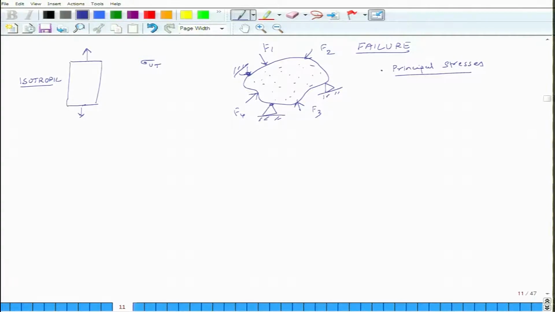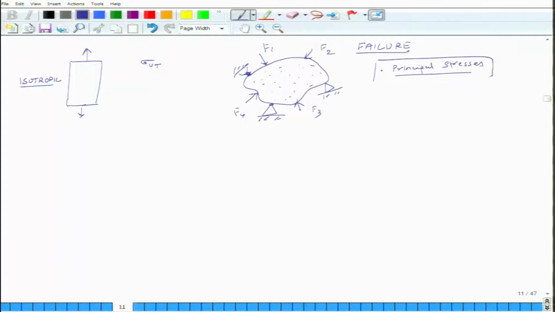And then you want to know whether this structure is going to fail or not, and then you use some of those criteria, principal stress criteria, principal strain criteria, von Mises stress criteria, distortion energy criteria.